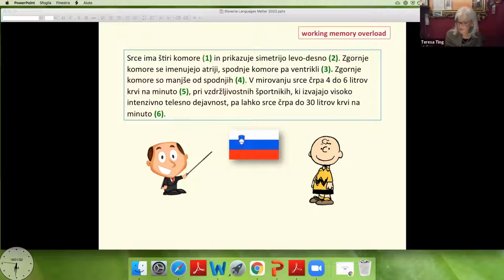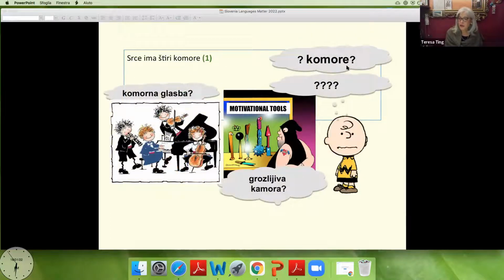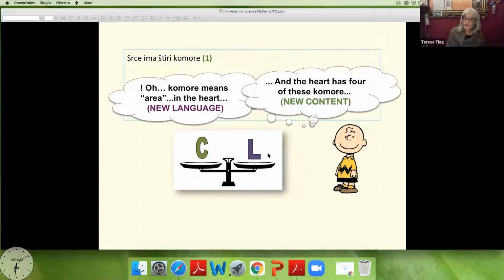And Charlie speaks Slovenian. He's Slovenian, so he's listening to this in L1. But Charlie thinks, chamber? What chamber? Chamber music? Torture chamber? I hope this is the correct word. Which chamber? So he doesn't understand which chamber. Then he realized, chamber means area in the heart, and the heart has 4 of these chambers.